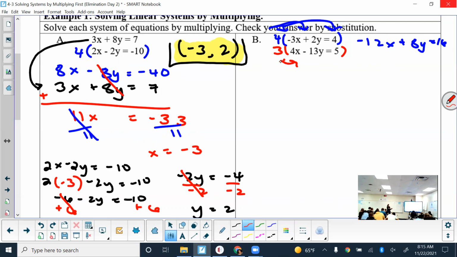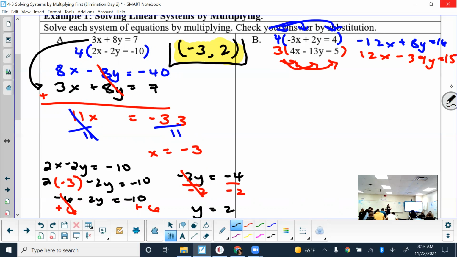Don't forget to do it to all the terms. So 3 times 4x, 3 times negative 13y is... Good, and 3 times 5 is a positive 15. If you multiply it by -3, then yeah, it's a -15. But up here, I have it as a positive.